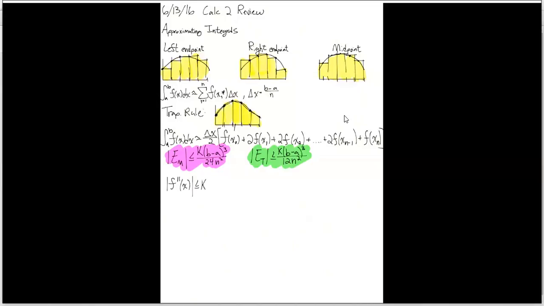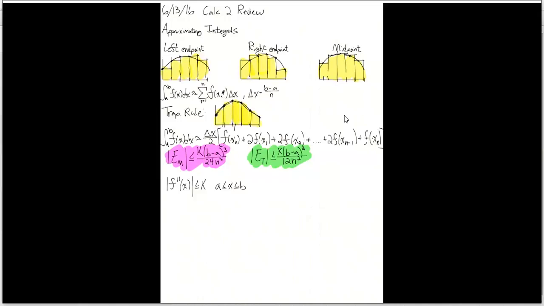So the absolute value of the second derivative is less than or equal to some constant k, where x is in the region between a and b for this integral. So we've got our integration domain from a to b. The second derivative, how much it can possibly be in magnitude, is bounded by this k, and that helps us find out what the error is.